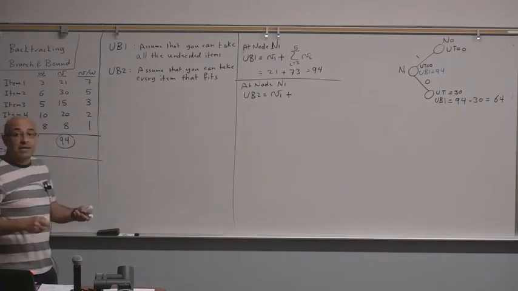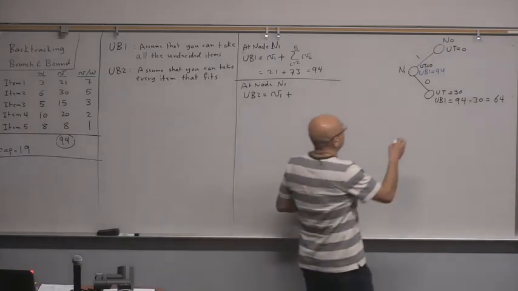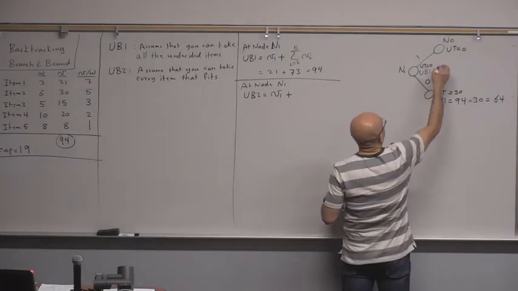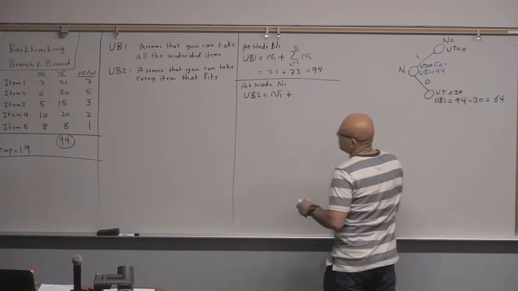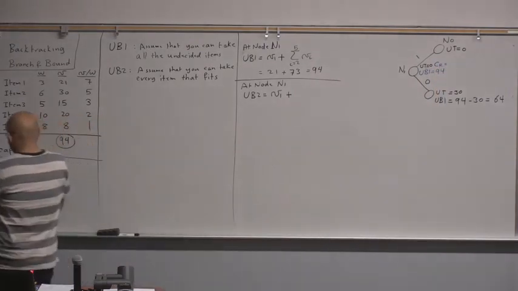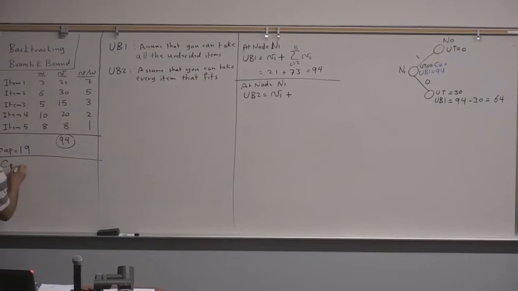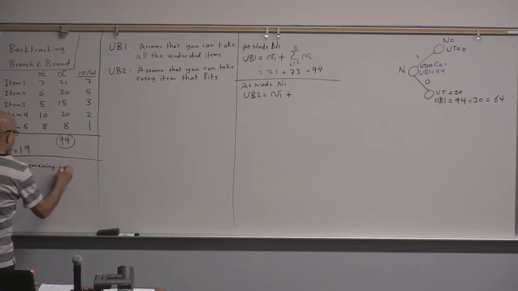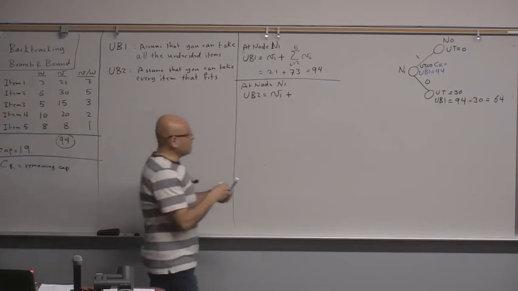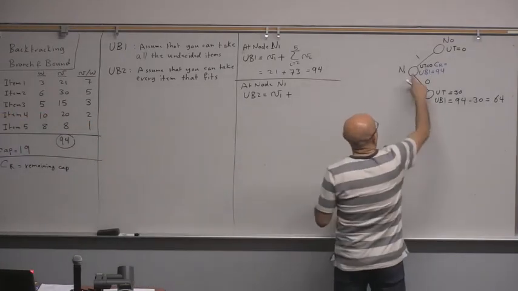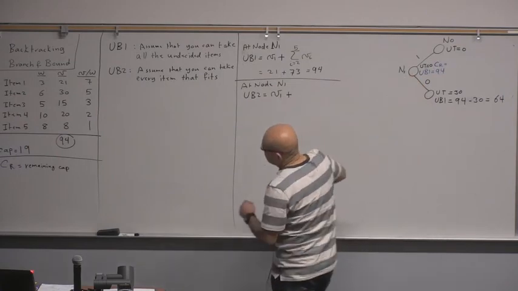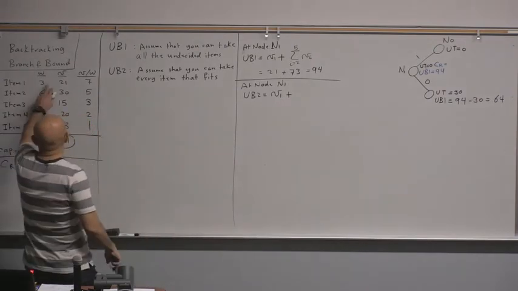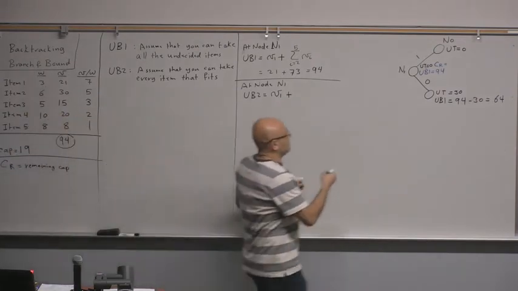That will depend on the remaining capacity. So let's here put the remaining capacity, CR. What's the remaining capacity at node 1? We subtract: the capacity is 19, we subtract 19 minus 3, which is 16.